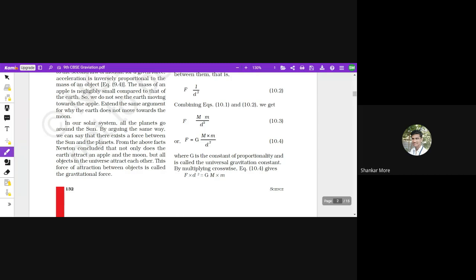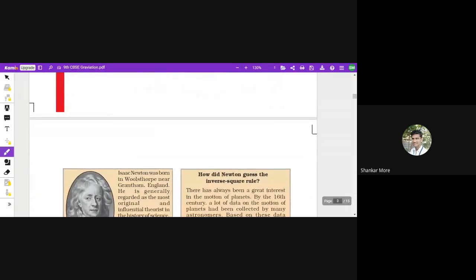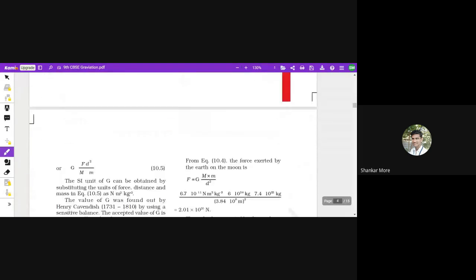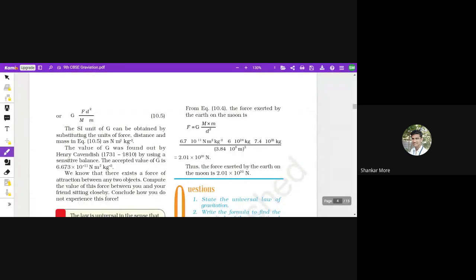By multiplying crosswise, we can get F into d square is equals to G into capital M into small m. तो इसके बेसिस पे हमें बहुत सारे प्रॉब्लम्स भी सॉल्व करने हैं, but for now just remember this formula.